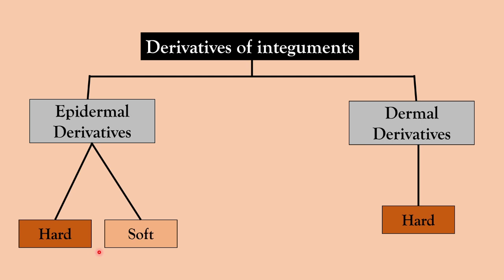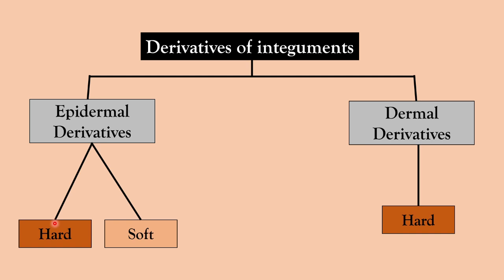They are further categorized into hard and soft derivatives. Dermal derivatives are only of the hard type, whereas epidermal derivatives can be of both types, that is, hard as well as soft derivatives.